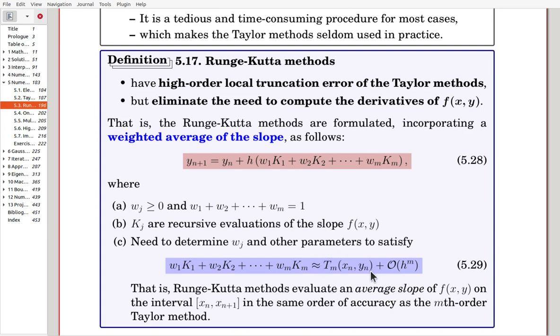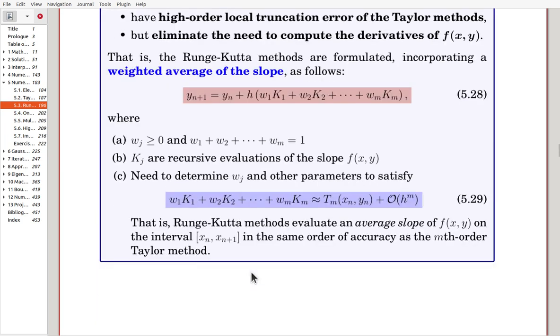This T sub m originally has such error, so at the same level of error, we try to choose the weights and evaluation points. So we can say that Runge-Kutta methods evaluate an average slope of f of x, y on the interval x n to x n plus 1 with the same order of accuracy as the m-th order Taylor method.